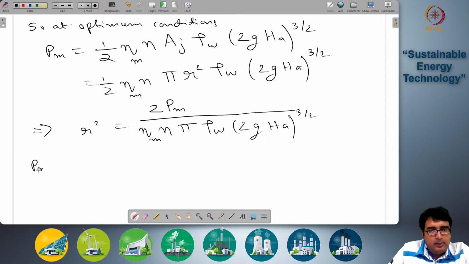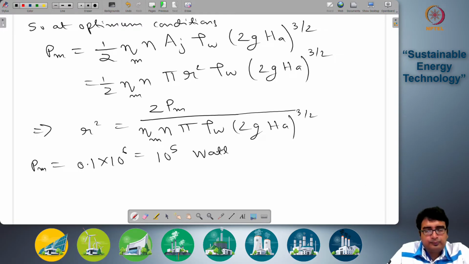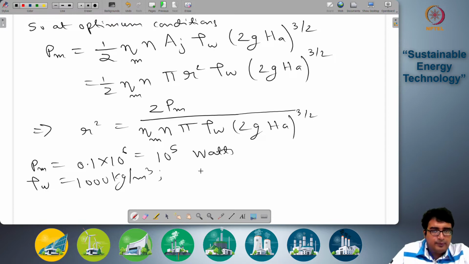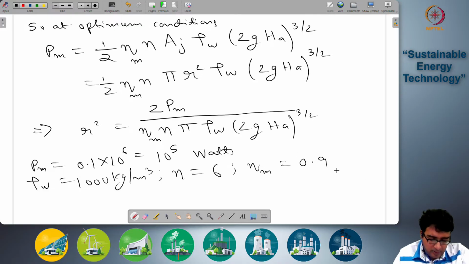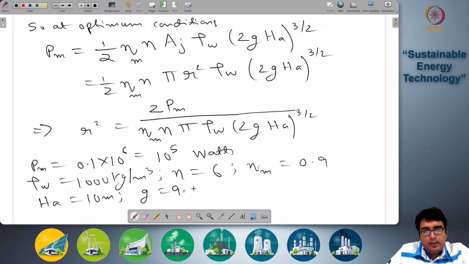Now Pm is 0.1 megawatt, so 0.1 into 10 to the power 6, that is 10 to the power 5 watts. Rho W is 1000 kgs per meter cube, the density of liquid water. Number of nozzles is 6. Eta m is 0.9. HA is 10 meters and G is 9.81 meter per second square.